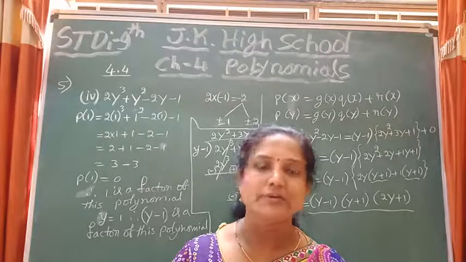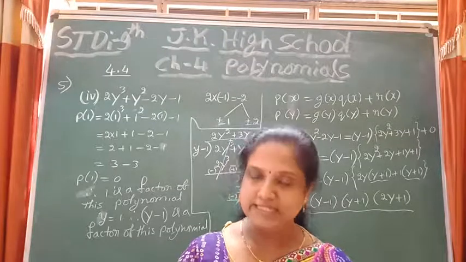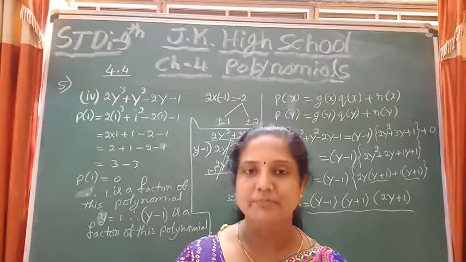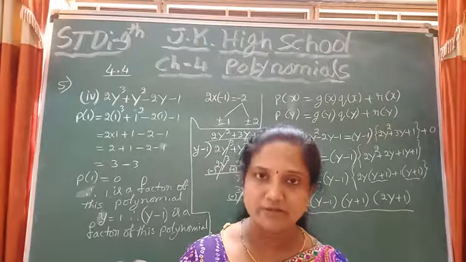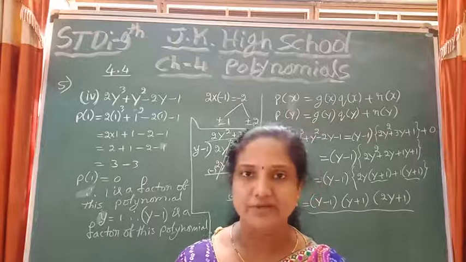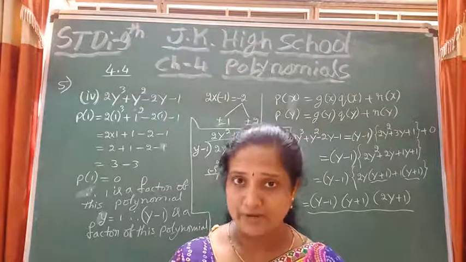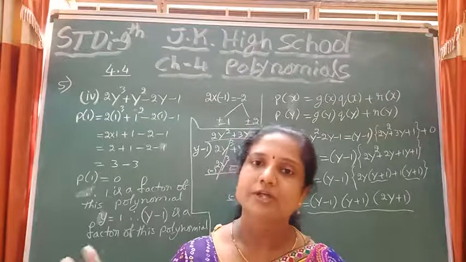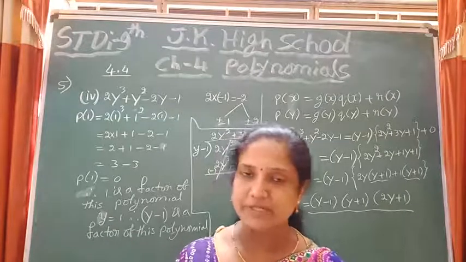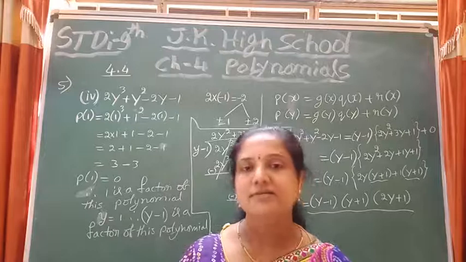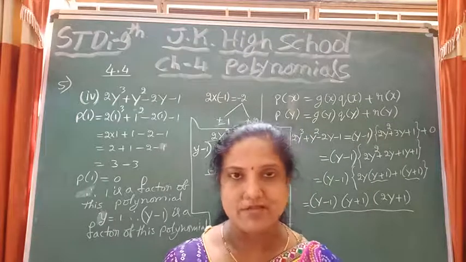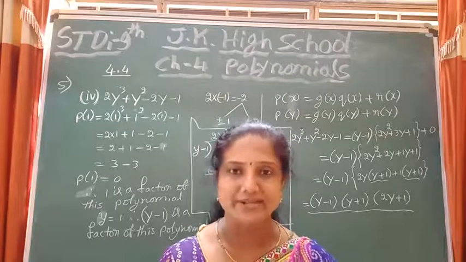Take it to this side, it becomes one of the linear polynomials, that is a binomial term, a factor of that polynomial. By that you divide the given polynomial, and you are going to get two factors, that is one linear factor and one quadratic polynomial. The quadratic polynomial you will split according to the splitting method and find out two factors. So totally 3 factors you are going to get for a cubic polynomial, children. Practice, children. Daily you have to practice maths.